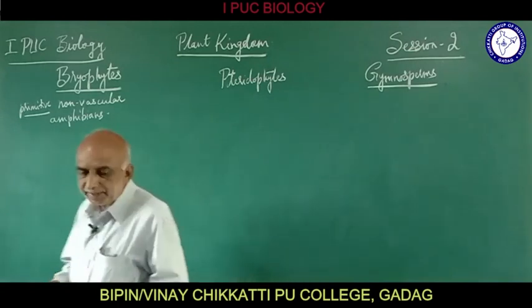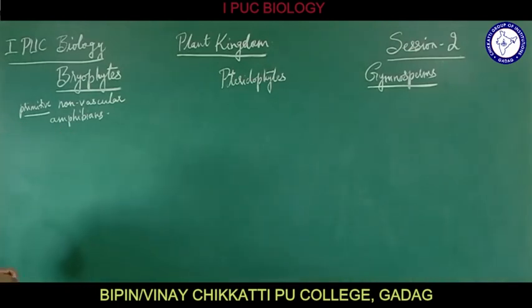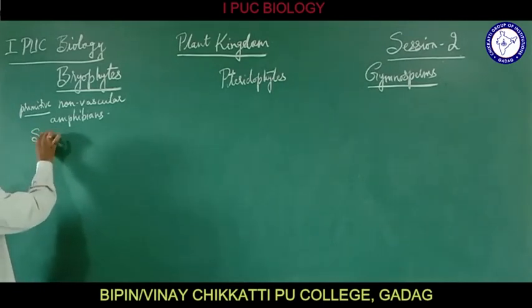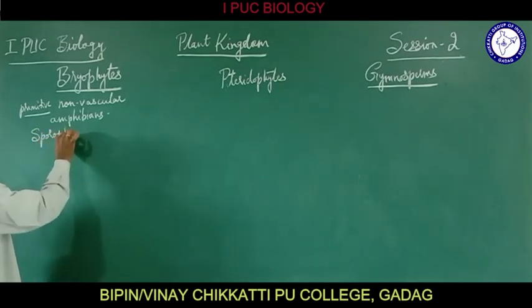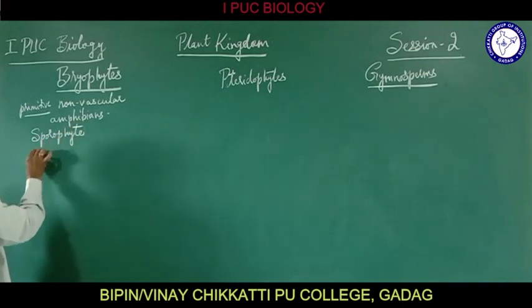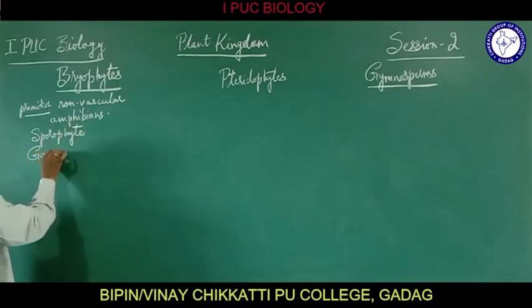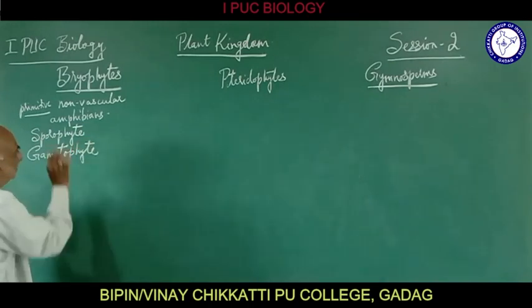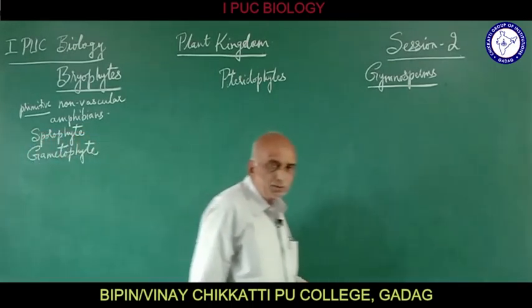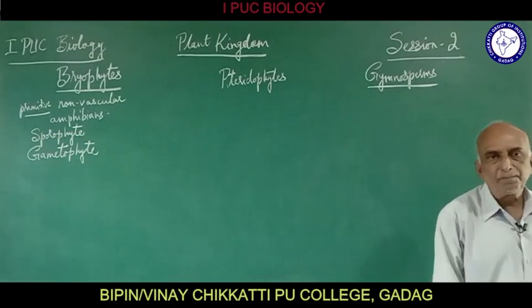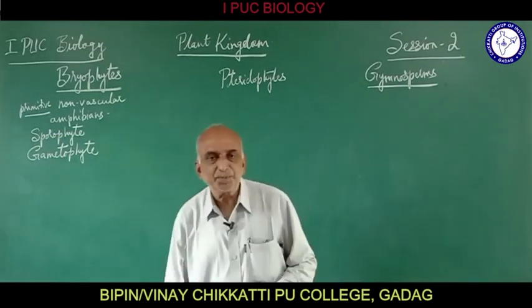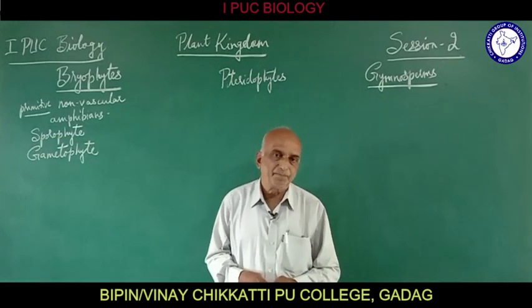And in bryophytes we come across two stages of plants, Sporophyte and Gametophyte. So we come across two stages in the plant development. Now what are the Sporophyte and Gametophyte?